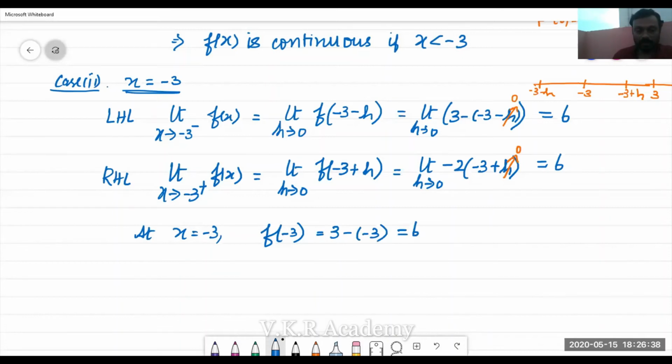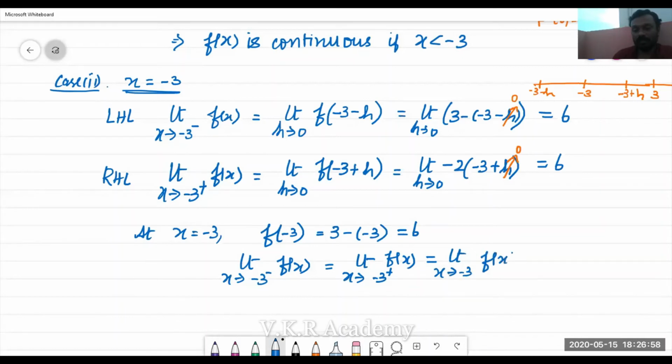Also limit x tends to minus 3 minus, the left hand limit at minus 3 of f of x, is equal to the right hand limit at minus 3 of f of x, that is equal to limit x tends to minus 3 of f of x, which is 6. So this implies f of x is continuous at x is equal to minus 3.